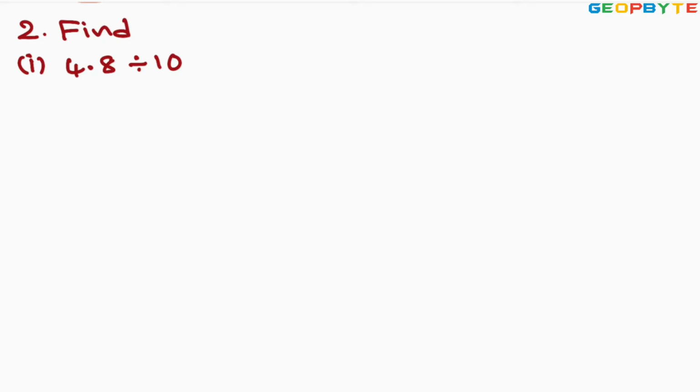Let us see the first question. 4.8 divided by 10. On dividing a decimal by 10, the decimal point is shifted to the left by one place. So we are getting 0.48.